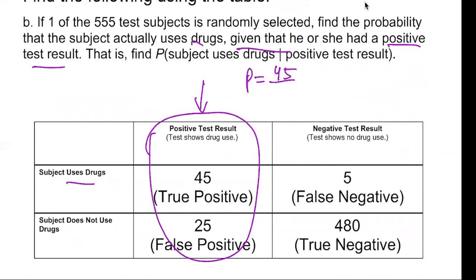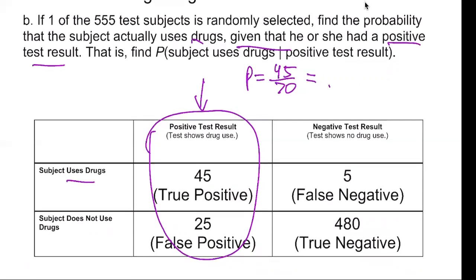But now I have 70 total subjects. If you reduce this, this is 0.642. For me, leave it like this, because I can see your thinking here. I can see exactly where you focused.